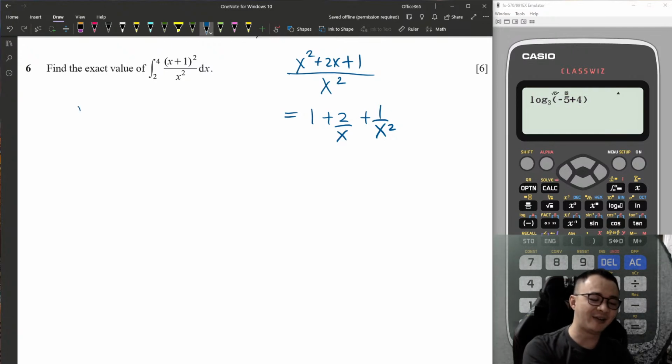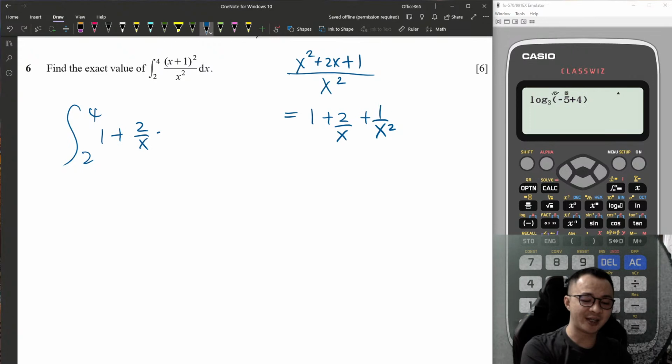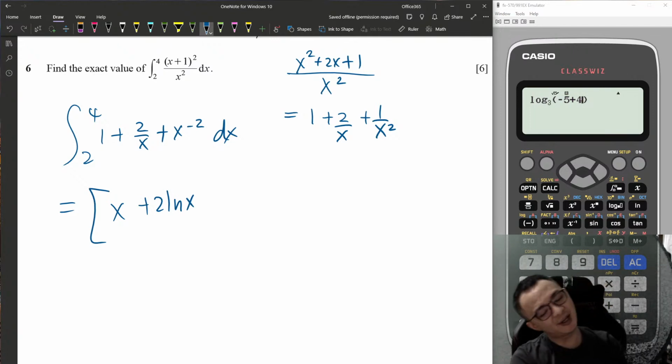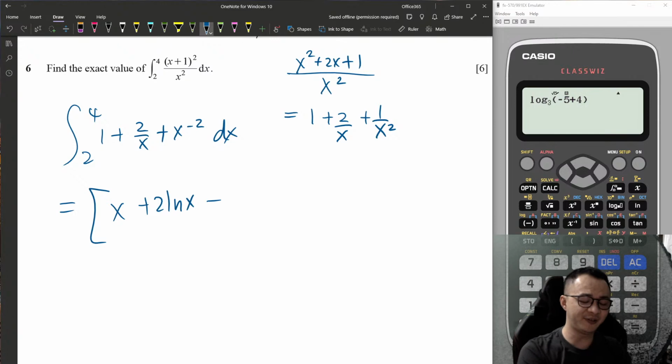Okay, then now I start to do integration. Integrate 1 plus 2 over x plus x to the power -2. Alright, so if I integrate them, integrate 1 gives me x, integrate 2 over x gives me 2 ln x. Integrate this thing will give me power plus 1, negative plus 1 is -1, over -1, right?